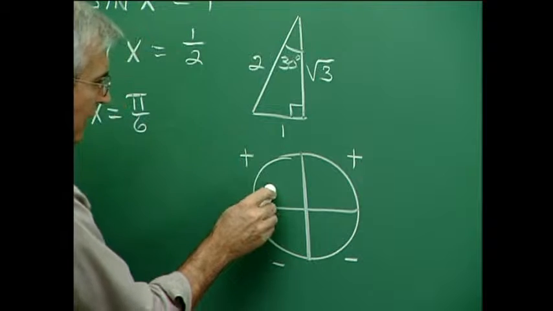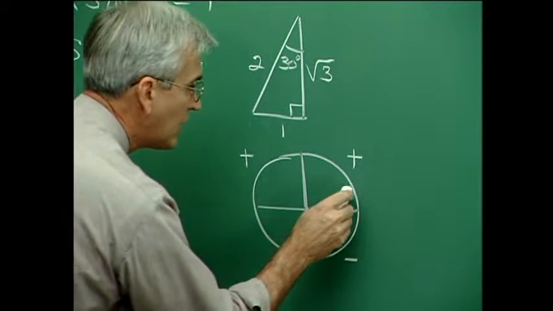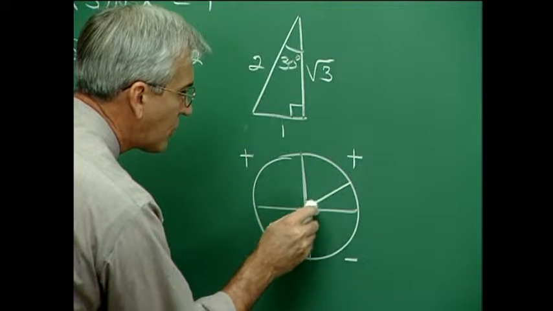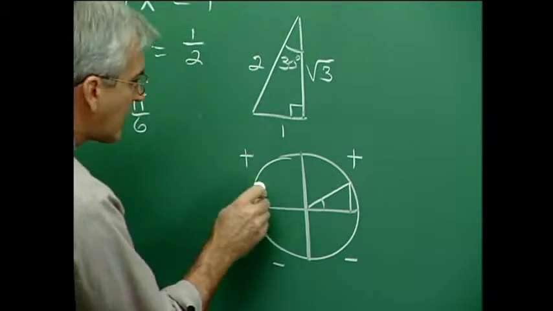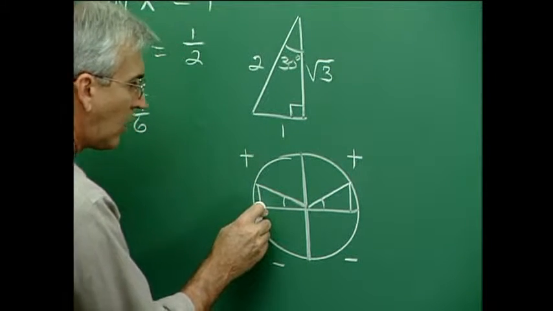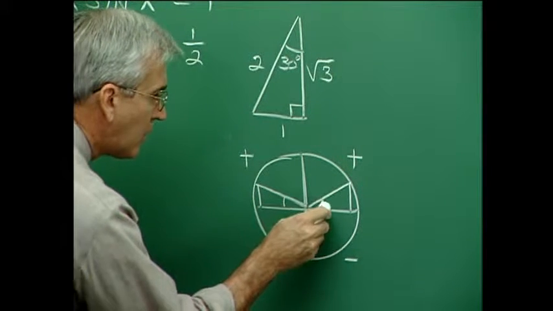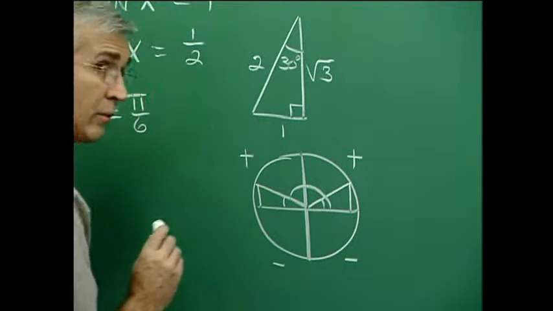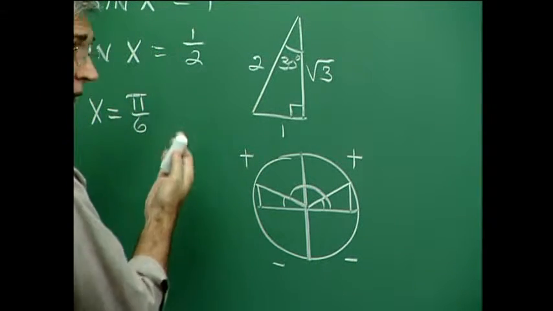So maybe there's an angle in the second quadrant that also makes this true, and certainly there is. You see, we have found the angle in the first quadrant. This 30-degree angle makes that true. But there's a reference angle of 30 degrees in the second quadrant that also makes that true. Now, a reference angle of 30 degrees, but what's this angle? That's the angle that we want, because it's the sine of this angle that will also be 1/2.